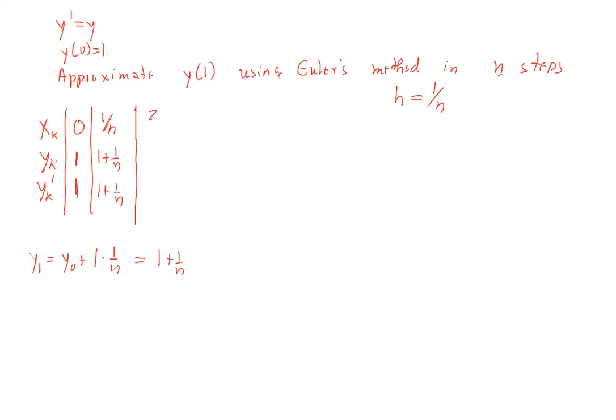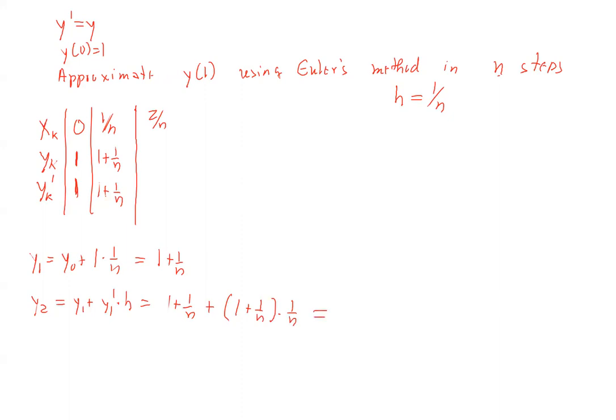So here I'm at 2 over n. And what is y2? y2 will be y1 plus y1 prime times the step, which is h. y1 is 1 plus 1 over n, plus y1 prime, which is 1 plus 1 over n, times the step, which is 1 over n.